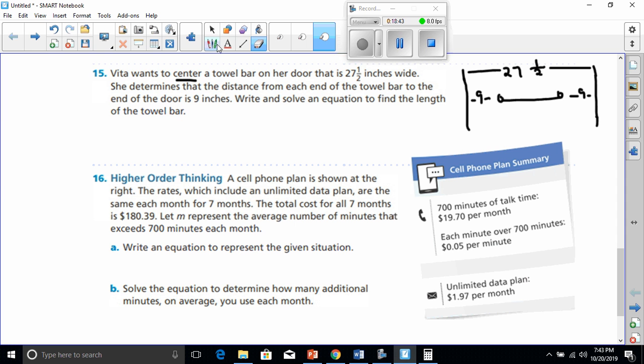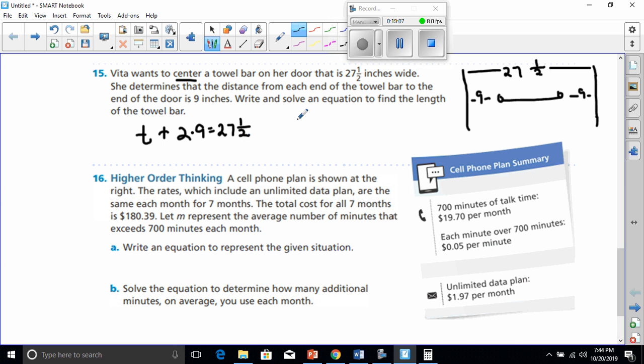Oh, sorry. t plus 2 times 9 has to equal 27.5. Okay, that's the equation, and now it says to solve it.